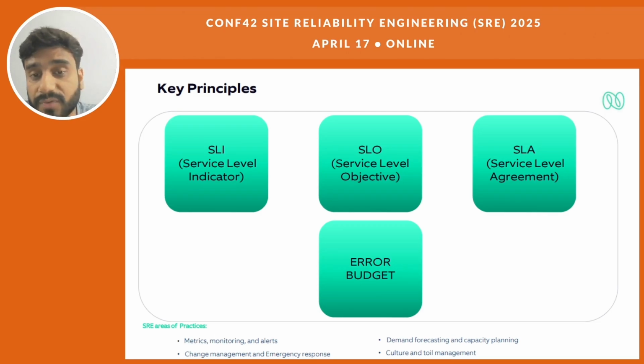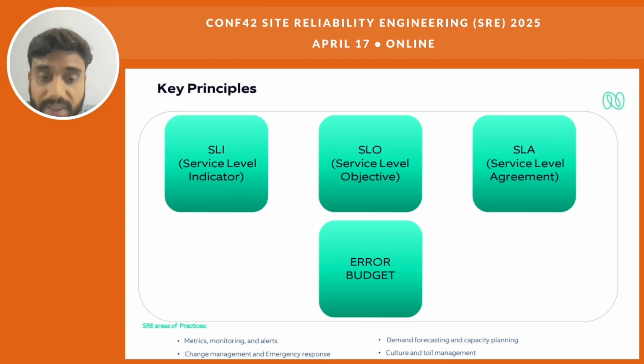This is one key practice, where we have enough resources available for the system reliability part. If something happens, those resources can focus on the improvement side and on the reliability part.